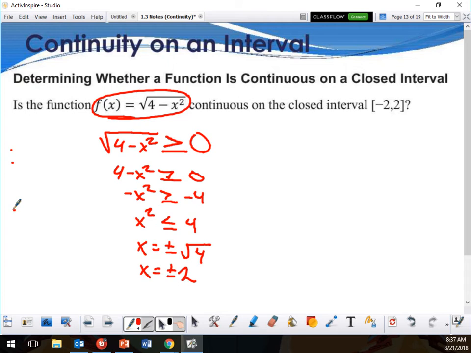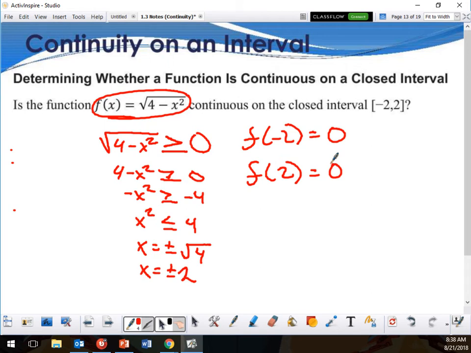If I plug in negative 2, what do I get? 0. So f of negative 2 gives me 0. Is that allowed? Yeah. And f of positive 2 also gives 0. Is this going to be continuous? Yes. Is it continuous on a closed interval?